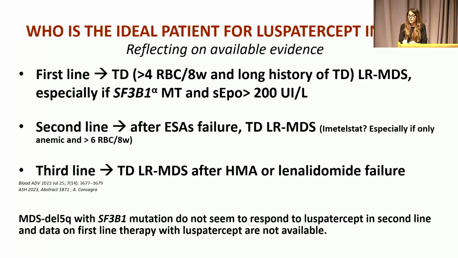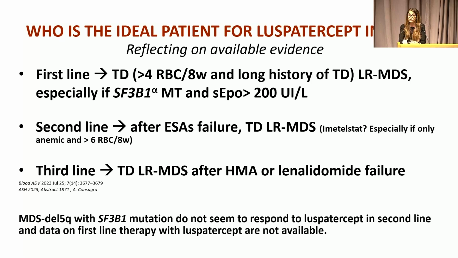From the real-world data, we know that luspatercept could be active in third line after failure of HMA or lenalidomide in a rate that is in a range of 20–40%. Remember the problems of the patient with a del5q and the concomitant SF3B1 mutation.